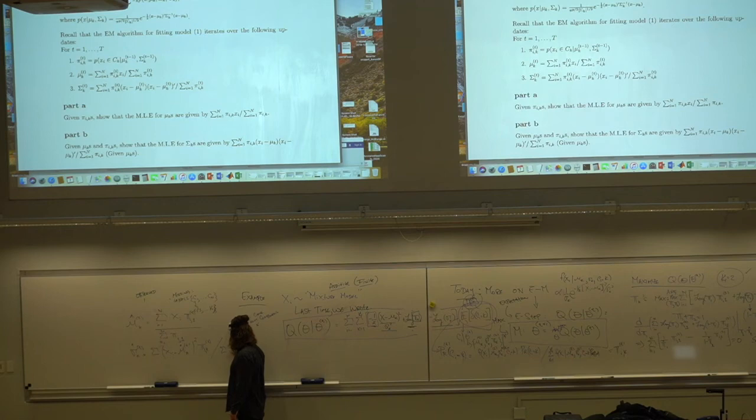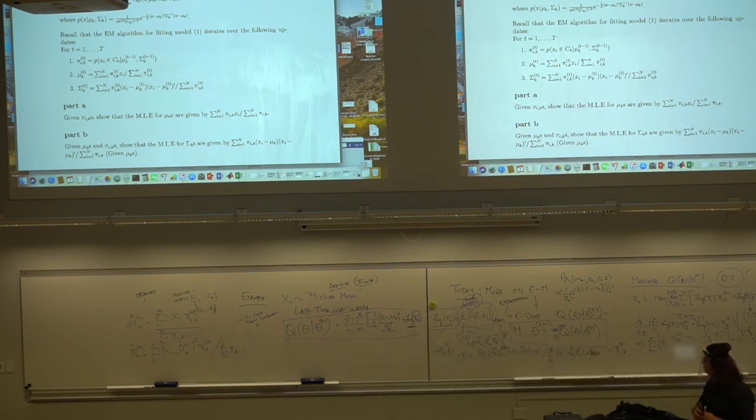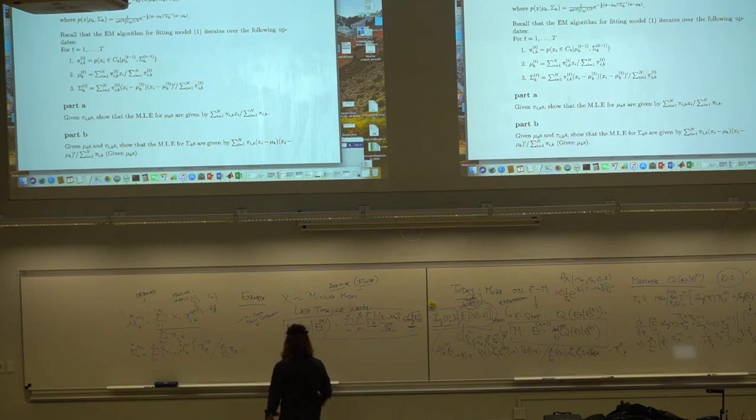So the sum of pi_k. Oops, I should put k right there. In high dimensions, bigger than one dimension, those are those equations, like that. So what you do in EM is you just iterate over these equations. Boom, boom, boom. So let me just write down what EM does.